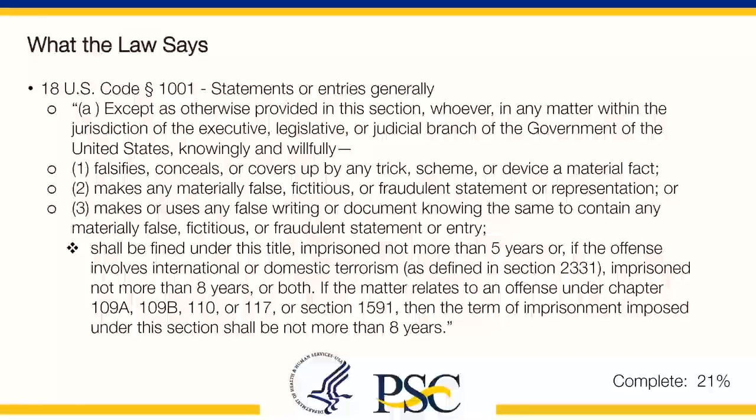Falsifies, conceals, or covers up by any trick, scheme, or device a material fact. 2. Makes any materially false, fictitious, or fraudulent statement or representation, or 3. Makes or uses any false writing or document knowing the same to contain any materially false, fictitious, or fraudulent statement or entry. Shall be fined under this title, imprisoned not more than 5 years or, if the offense involves international or domestic terrorism, as defined in Section 2331, imprisoned not more than 8 years, or both.